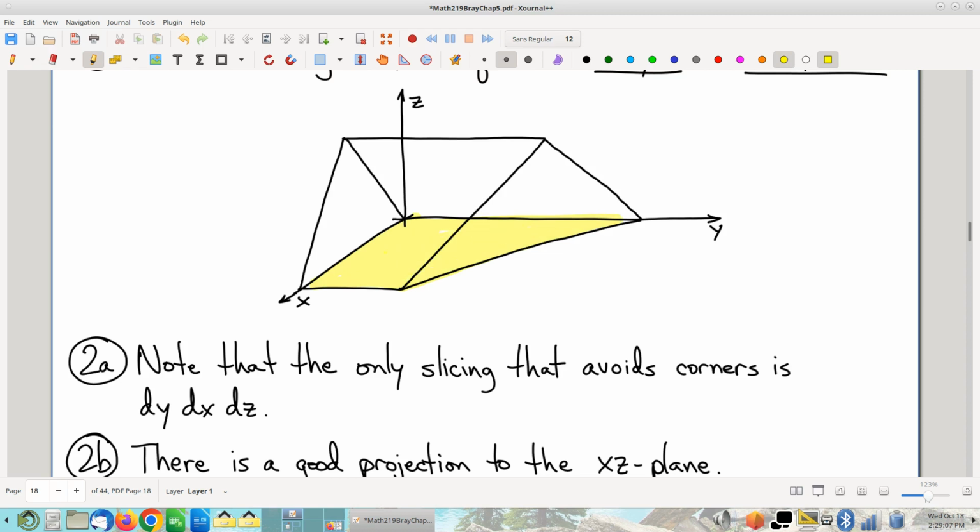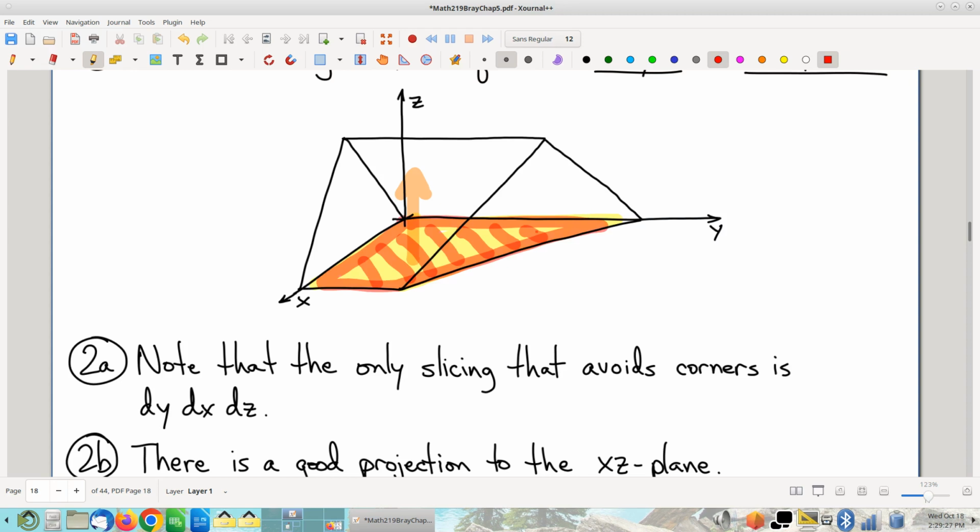Well, if I project down into the xy plane and ask what is the range of values of z, my lower bound for z is always going to be on that surface, and that's fine.